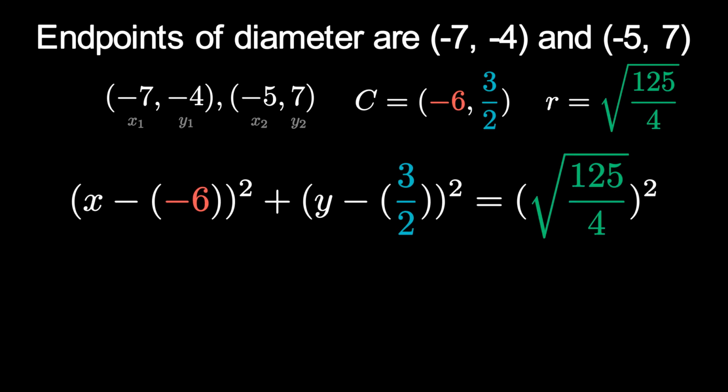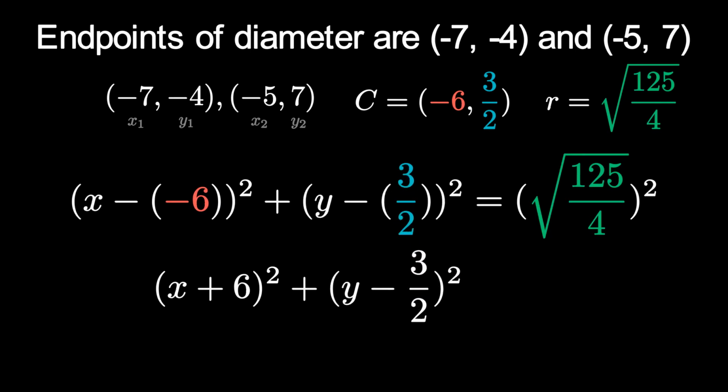And then when we simplify that, x minus -6 squared will become x plus 6 squared. Then y minus 3/2 squared will just stay as y minus 3/2 squared. And then the square root of 125 over 4 squared will just turn into 125 over 4. And we get our final answer being x plus 6 squared plus y minus 3/2 squared equal to 125 over 4. And that is the equation.